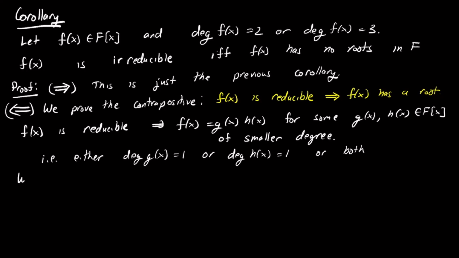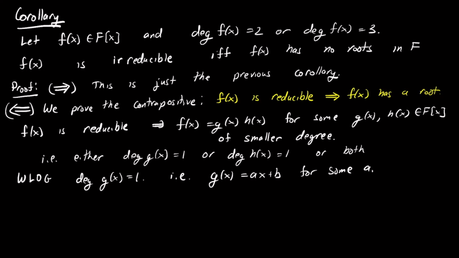Without loss of generality, I'll assume that the degree of g of x is equal to 1. So g of x is equal to ax plus b for some a and b in my field, and a is non-zero because this is a degree 1 polynomial. Then I can find the root pretty easily for g of x.